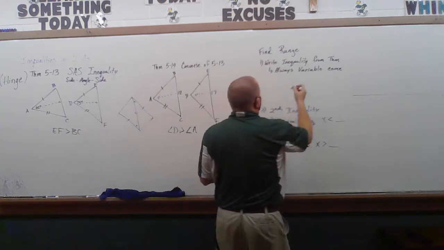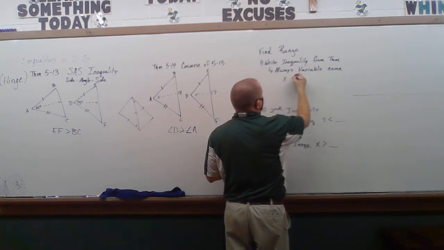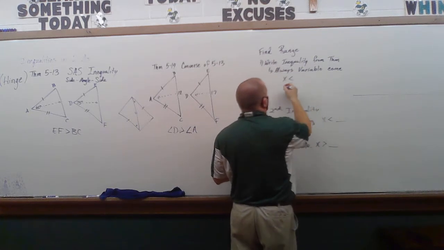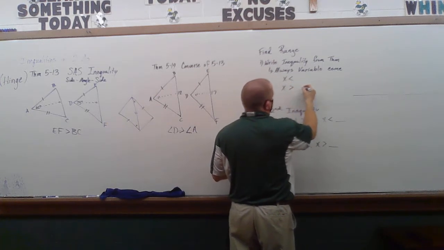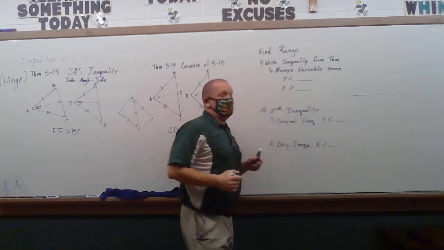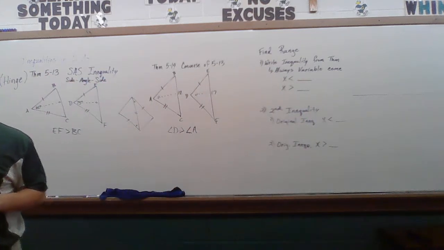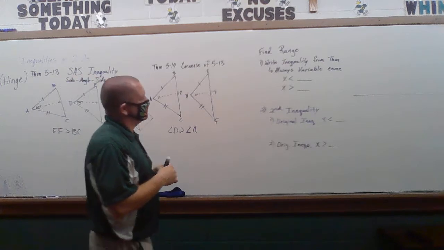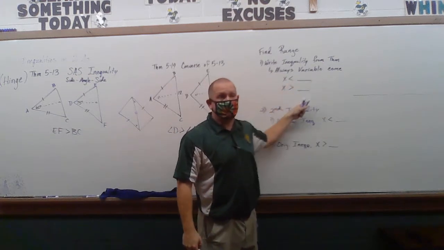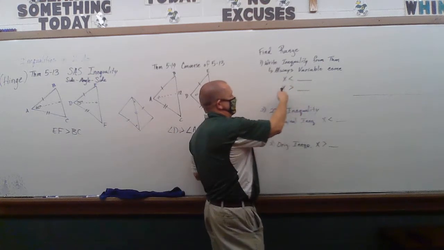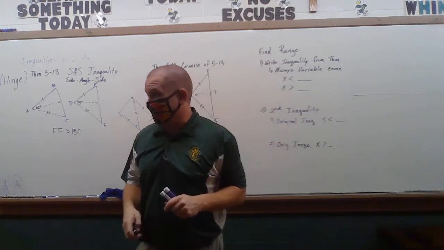So, realistically, I could say x is less than something, or I could say x is greater than something. And then we'd fill in that blank. Every single time, because obviously I could write the x part after it, but it's just going to be way easier if you write the variable part first.